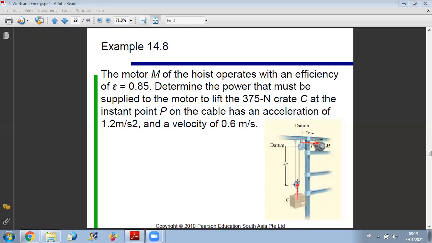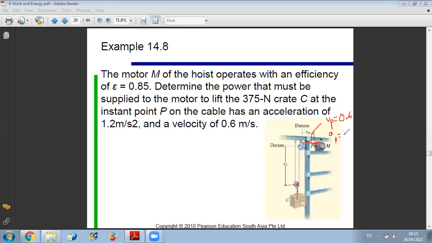Now they are giving us the properties at point P, which is at the motor level. We know that the velocity at this point is given to be 0.6. And we have that the acceleration is 1.2.